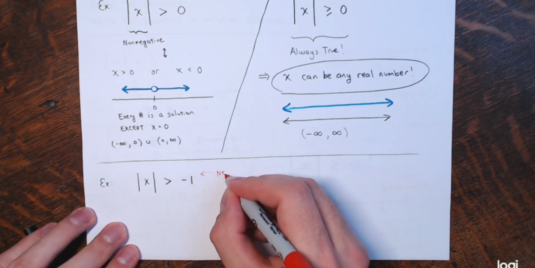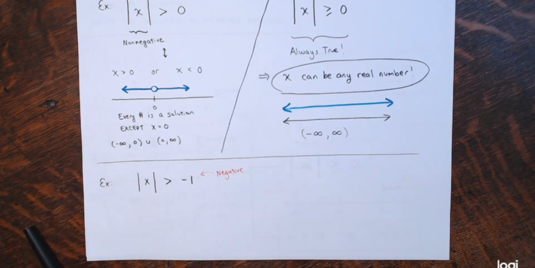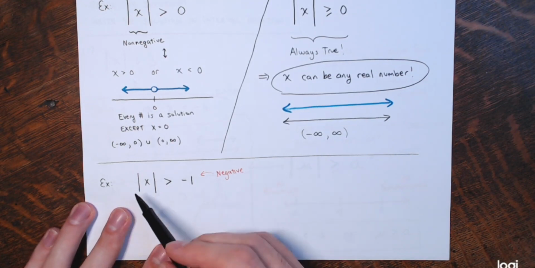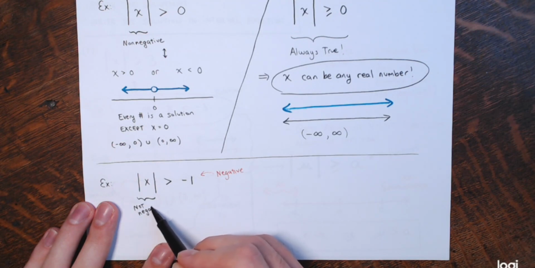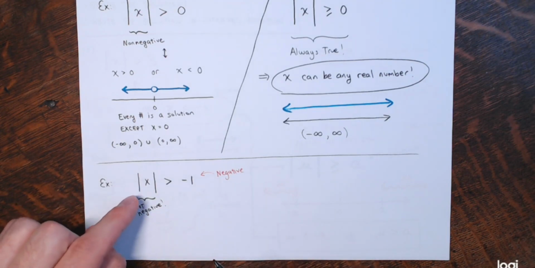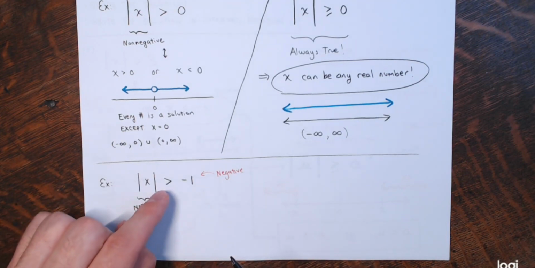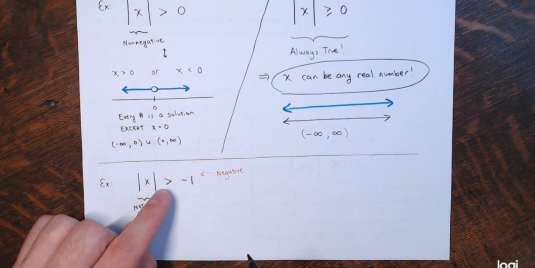Now there's a negative number on the other side when you isolate the absolute value. Well, remember, the absolute value of a number is never negative, right? And something that's not negative will always be greater, or greater than or equal to, something that's negative, right?